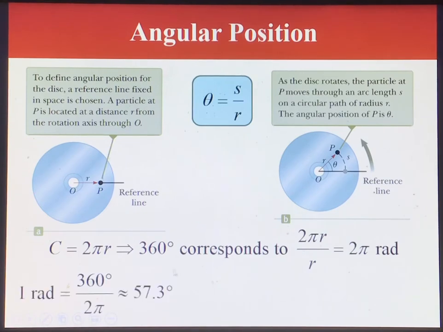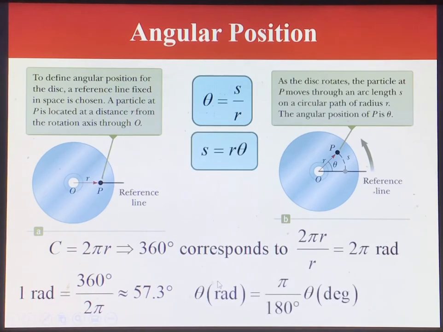So again, we know that there is a relationship between the angle in radians and the degree. The conversion is 1 radian is equal to 57.3 degrees. And again, we can rewrite this equation. The arc length is given by the radius times the angle, and we know that there is a relationship on how to convert my angle.